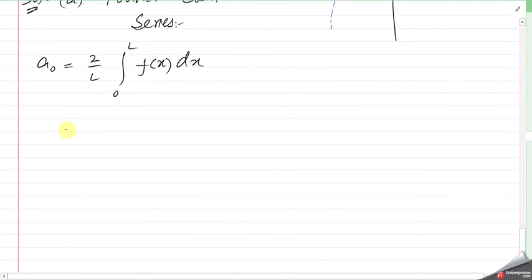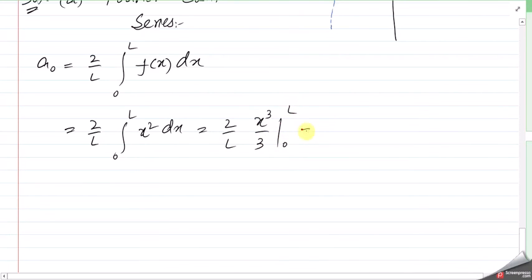So that's the formula. So that becomes 2 by L, 0 to L, well, because L is L this time, so no need to worry about anything, x square dx, which is equal to 2 by L, x cubed by 3, 0 to L, so 2 by L, L squared by 3, or in other words 2 by 3 L.